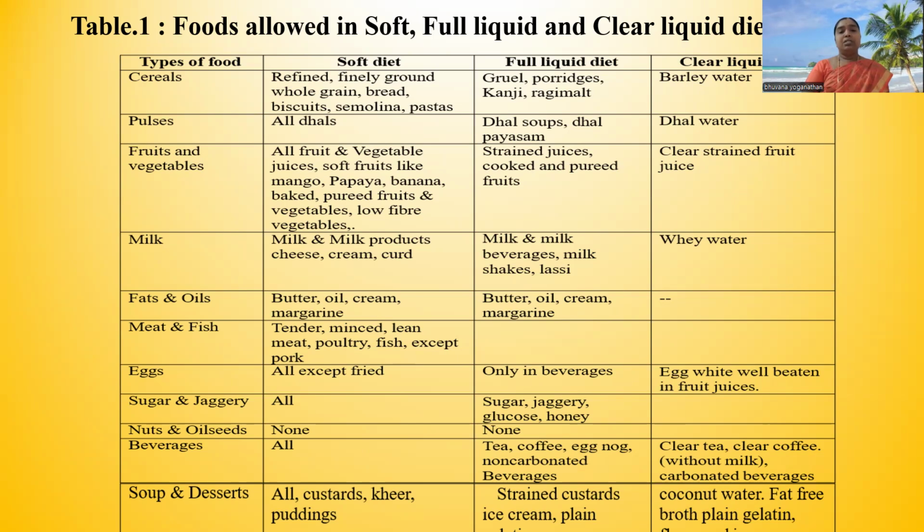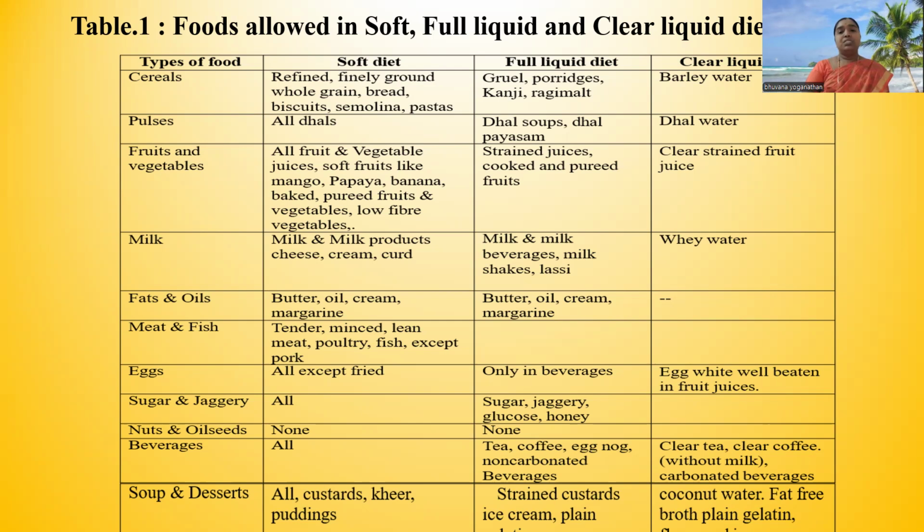Egg can be taken in the case of soft diet, all except fried. In the case of full fluid, only beverages, egg white well beaten in fruit juices. Sugar and jaggery can be used in soft diet; honey, sugar, jaggery for full fluid; and nothing can be added in clear fluid.